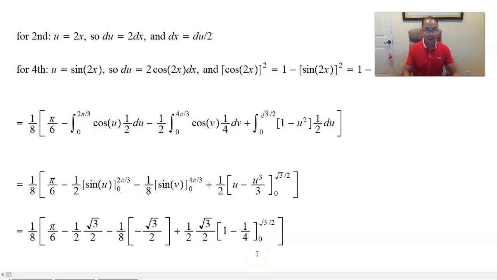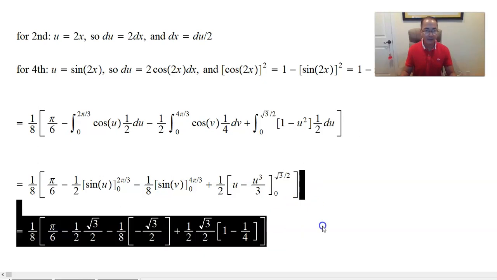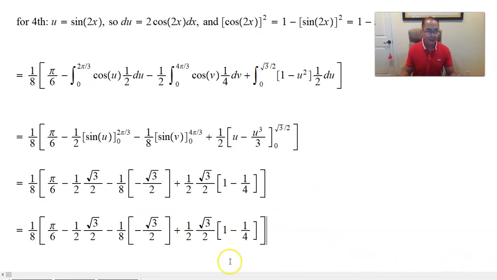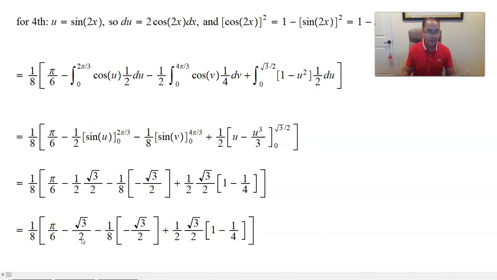So this is now 1/4. We have evaluated the limits at 0. Everything is 0. It's all good. Okay, we're getting close to the finish line. Start simplifying. We have radical 3/4 minus. We have a plus radical 3/16.